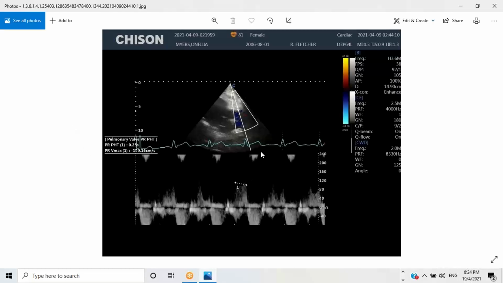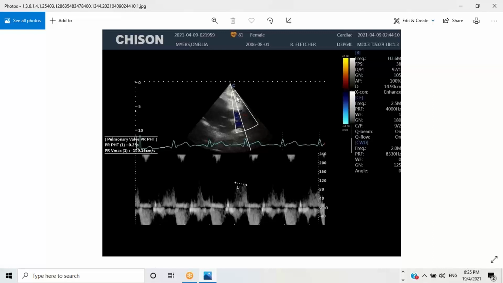Okay. Now this is your ECG, and if you look closely, there's a flow right here, there's a flow right there, and this flow corresponds to pulmonic insufficiency. Again, it's a flow from the pulmonary trunk across the pulmonary valve into the right ventricle.